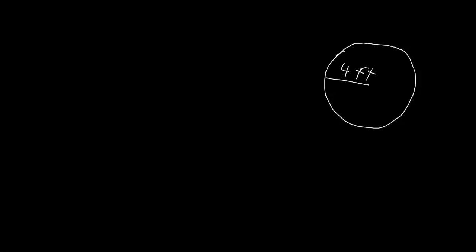Okay, in order to find the volume of the sphere, we write down the equation slash formula. Okay, and we plug in 4. And then simplify the formula to find the volume.